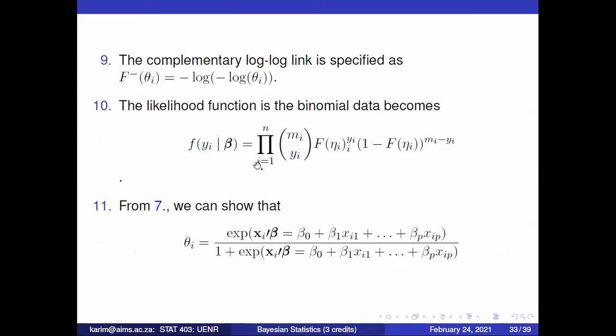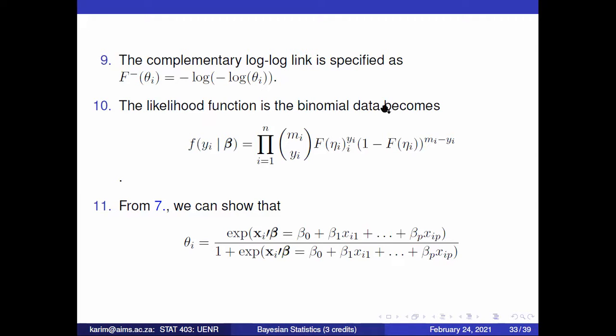Now we are looking at how to implement the binomial regression model under the Bayesian paradigm. So first, remember, under the Bayesian approach, we need to define our posterior distribution.